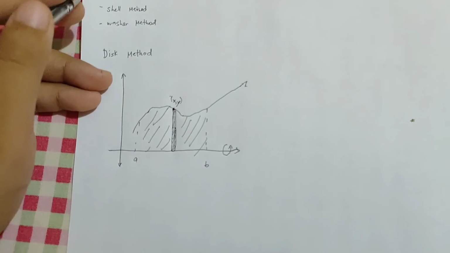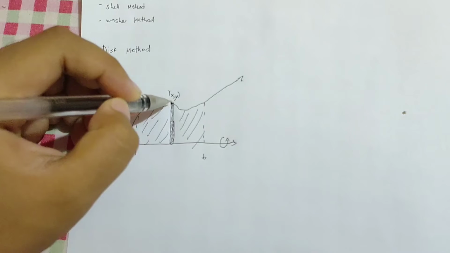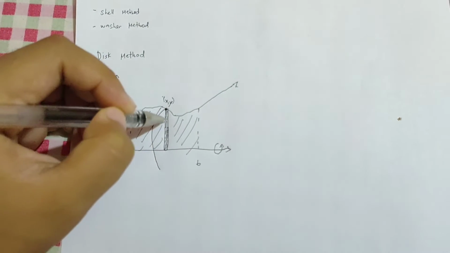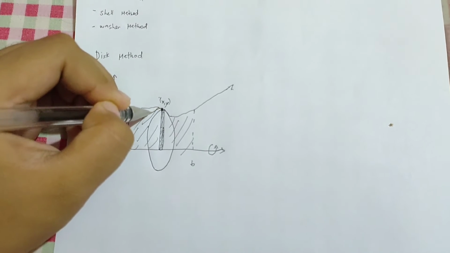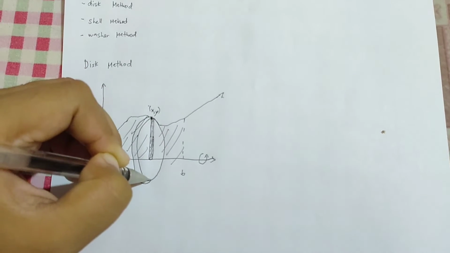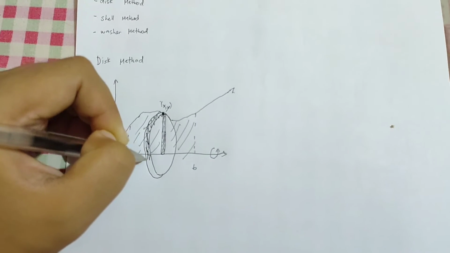And then we will draw our disk now, like that. We will draw it from the vertical strip that we've drawn.